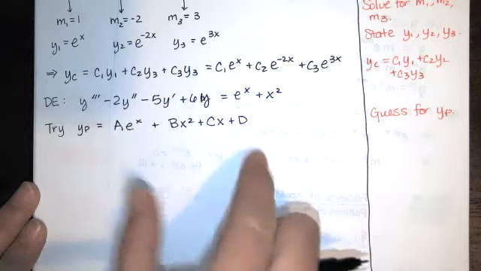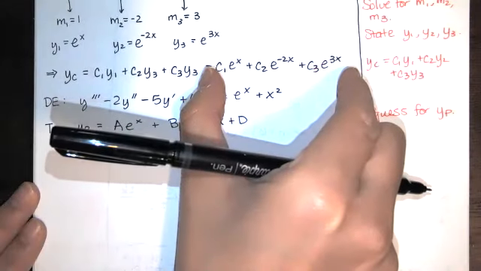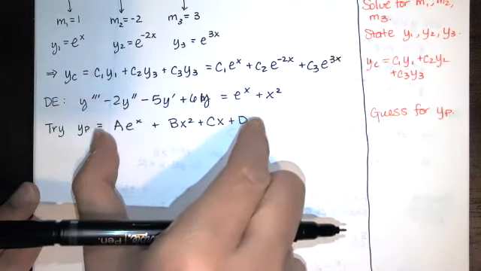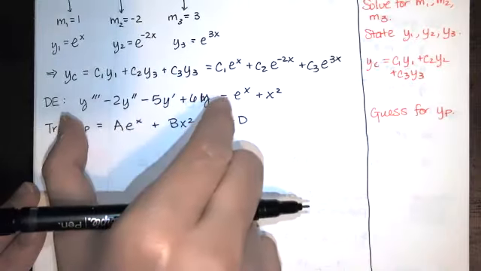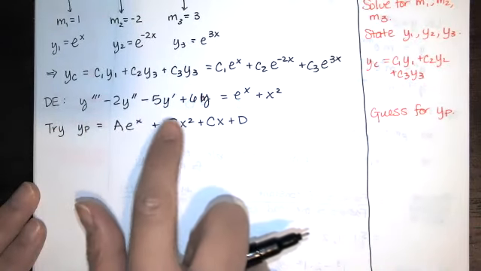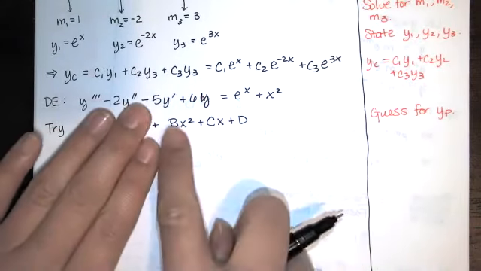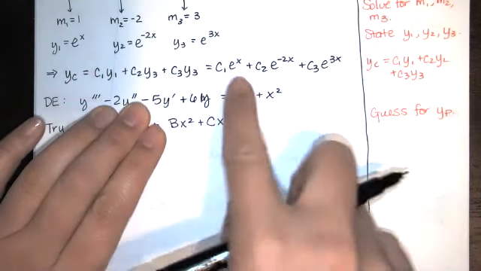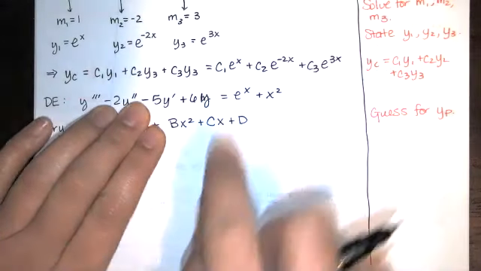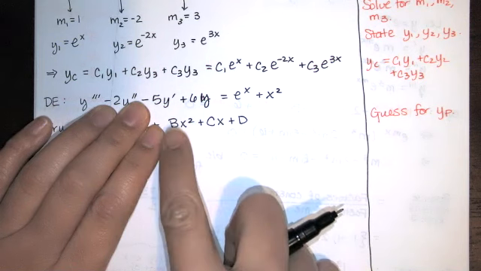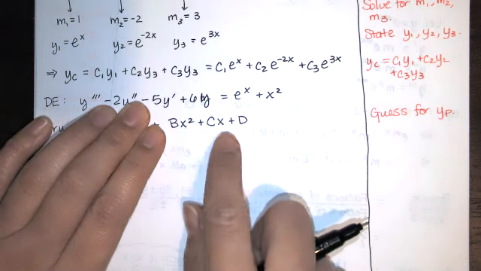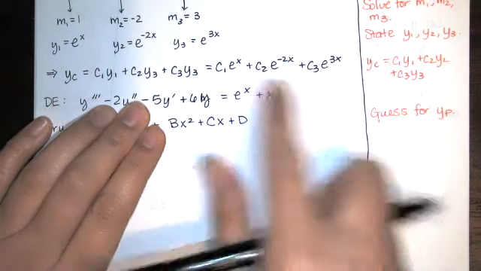So I'm looking at this and then comparing it to this right here to see if there's any part of this that is going to give me a 0 when I substitute it in. I'm fine with the second degree polynomial because there's nothing that looks like a second degree polynomial in my y sub c. There's nothing that looks like a bx squared or a constant times x or a constant by itself.